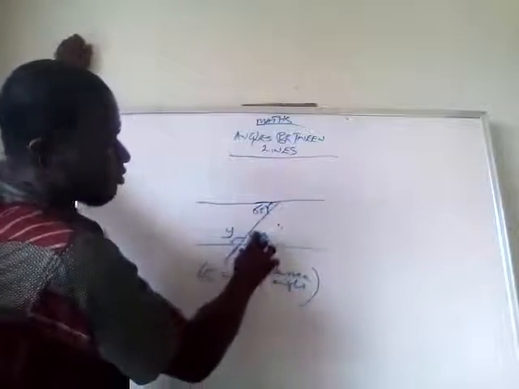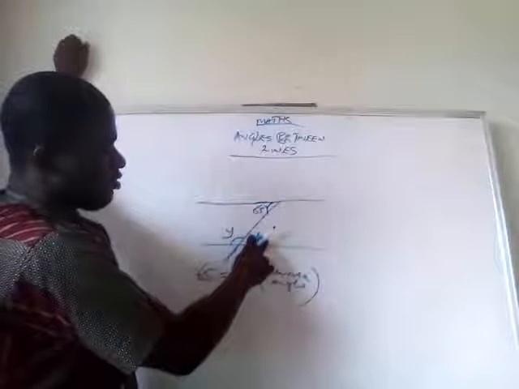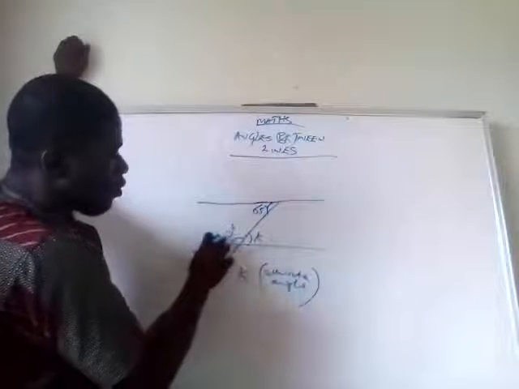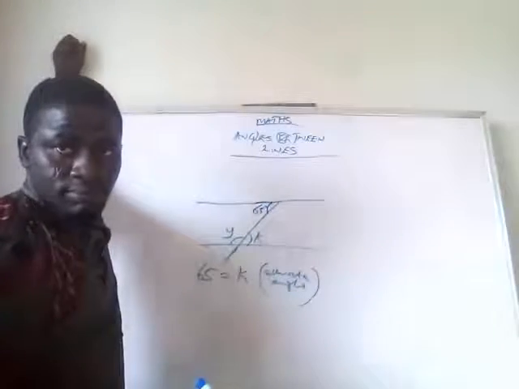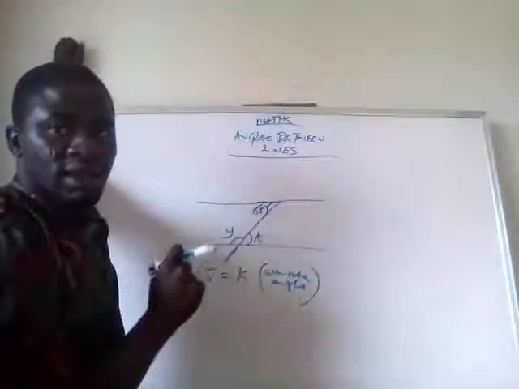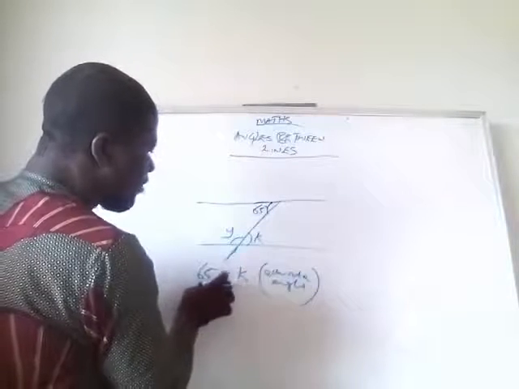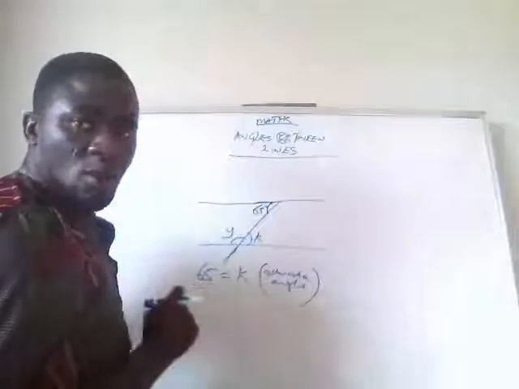If here is 65, then what will this place be? From what we did last week, it will give us 65 plus y equal to 180, angles on a straight line.